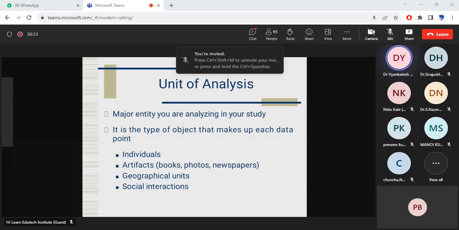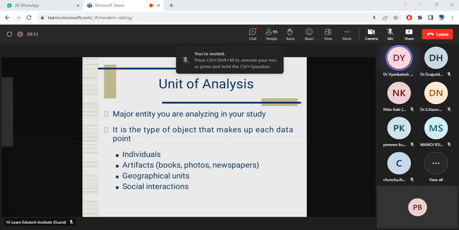So this is nothing but the intervals of data analysis and the unit of analysis of data.